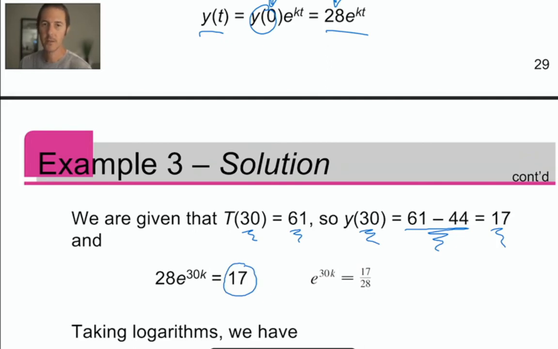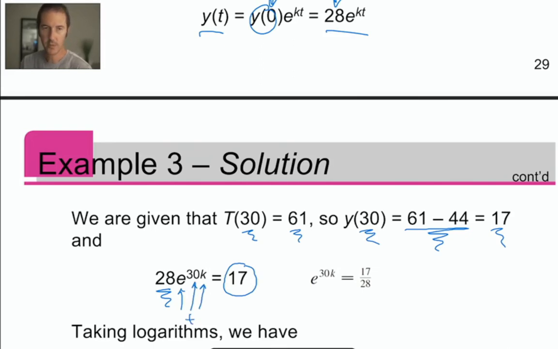It's the difference between the two temperatures, 30 minutes in, and it's equal to the starting difference of 28 degrees times e to the kt.